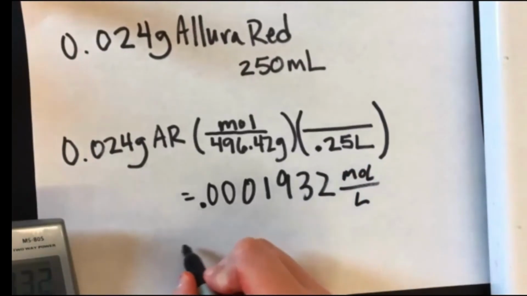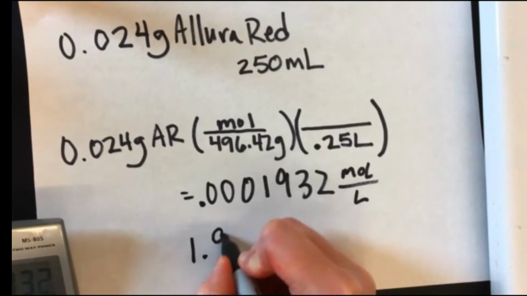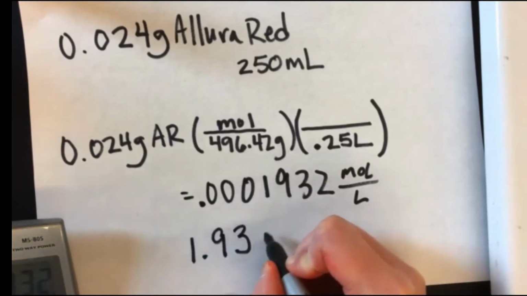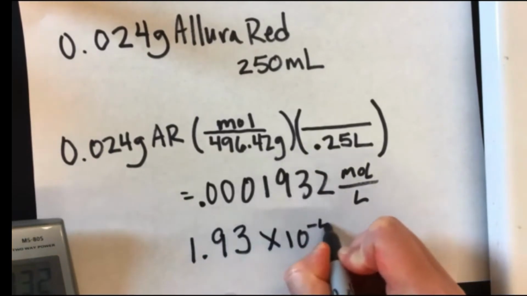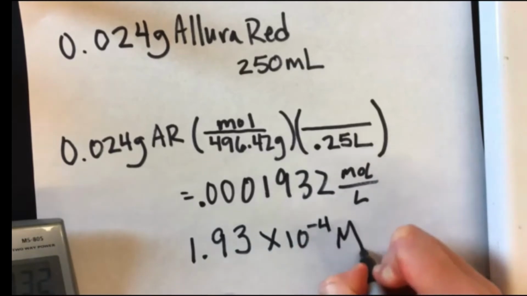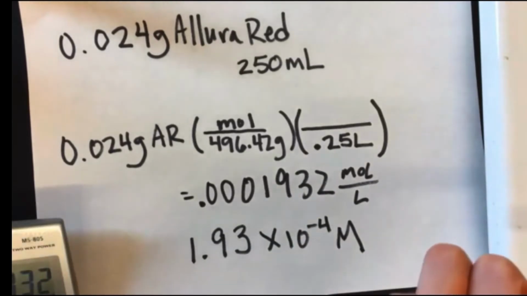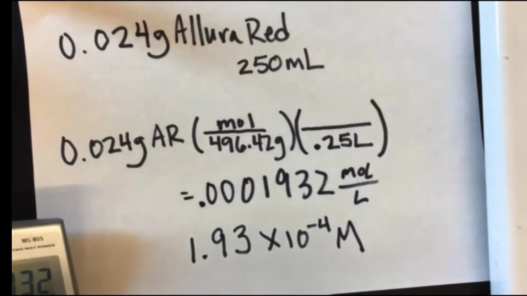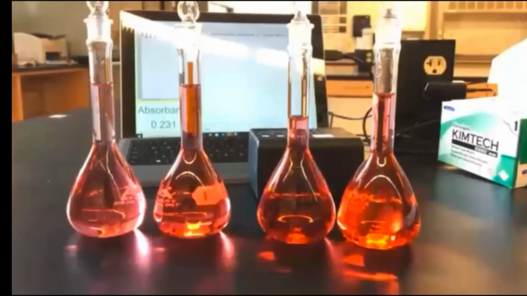So if we write that in scientific notation, 1.93 times 10 to the negative fourth molar. So then you're going to use that value to find the molarity of the 4 dilutions. So I'll let you do that, and then we will move on to the colorimeter.